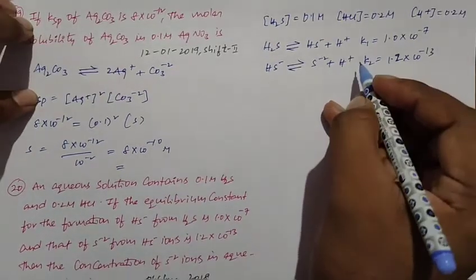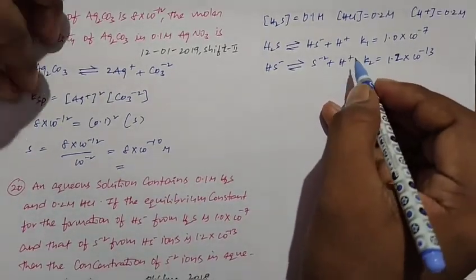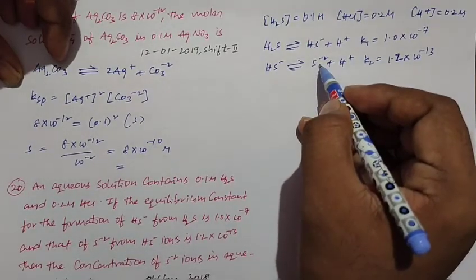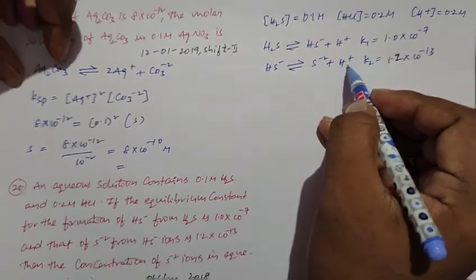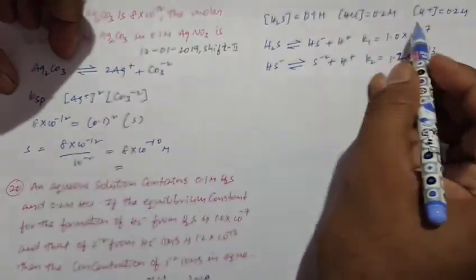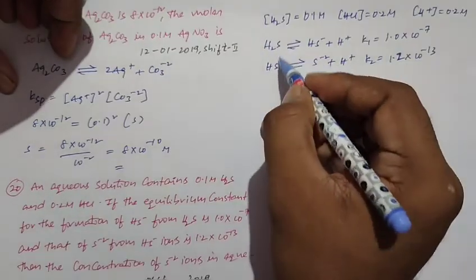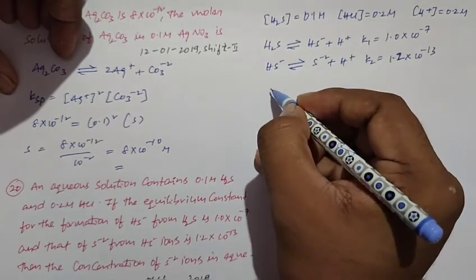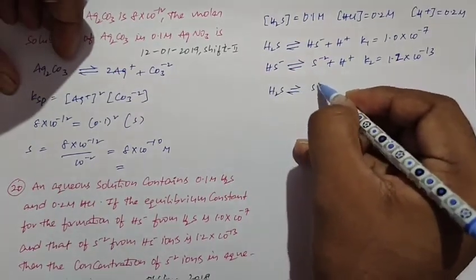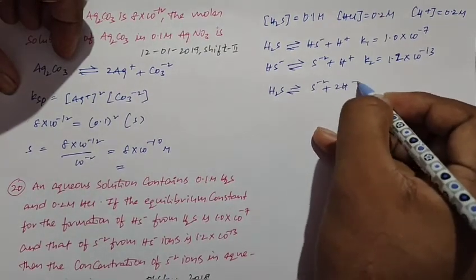This is K2. But they are asking about the concentration of sulfide ion. So to get the concentration of sulfide ion, we need the H plus concentration and the HS minus concentration. But we have only the H plus concentration. By combination of these two equations, we get H2S gives rise to sulfide ion plus 2H plus ion.